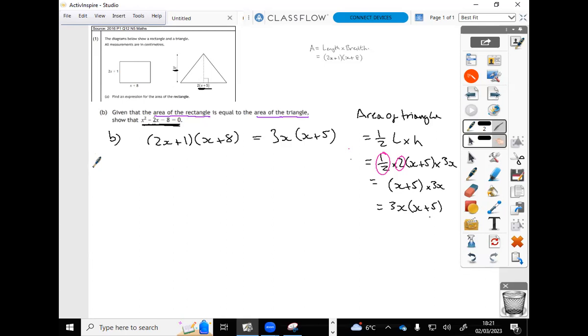Okay. Daniel, can I ask, before you move on any further, why does that half and times 2 cancel each other out? 2 divided by 2 just gives you 1. 2 multiplied by a half is going to give you 1, and we don't write 1 when we're writing algebra.